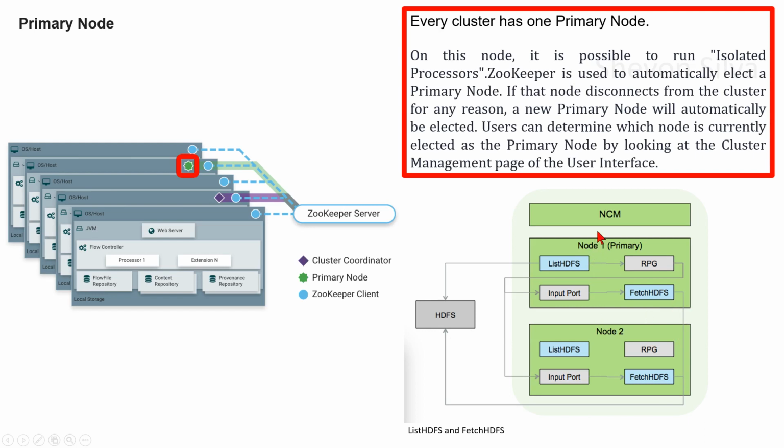Here you can see node 1 is primary and node 2. List HDFS is connected to the RPG here, and also HDFS here, and the RPG is connected to the input port in node 1 and the input port in node 2. The input port is connected to Fetch HDFS, and Fetch HDFS is connected to HDFS.